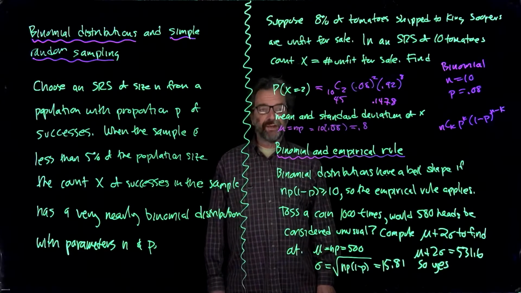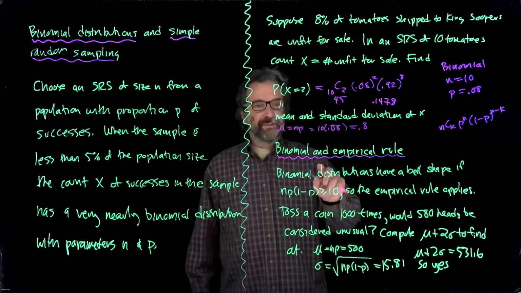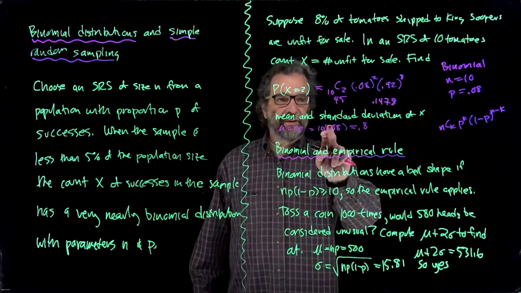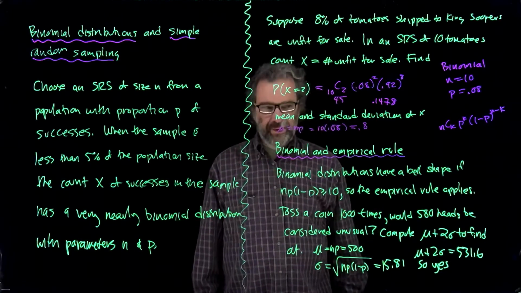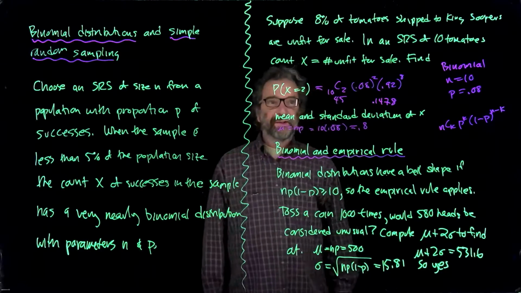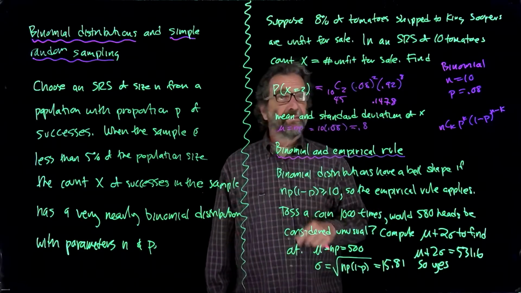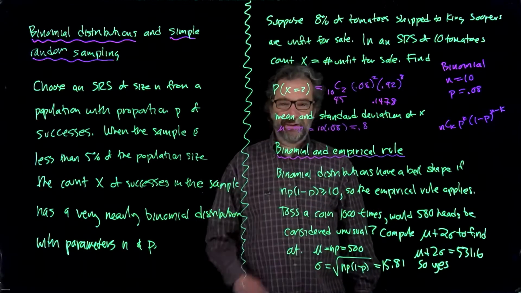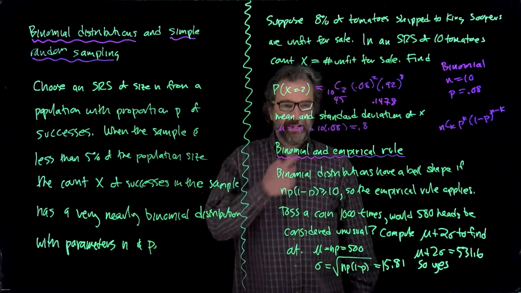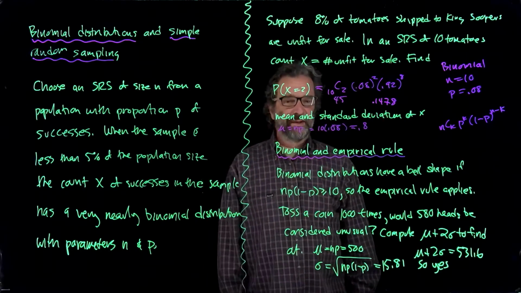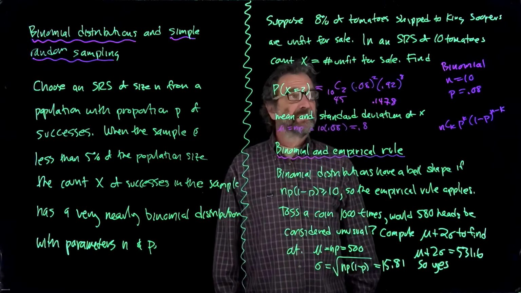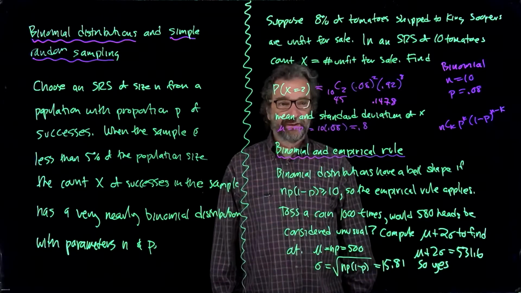The binomial spits out whole numbers. The mean is what happens if you average the values over many repetitions of the experiment. Since 8% of the 10 come out to be unfit, when you average over a long period of time, you just get 8% of 10, which is 0.8, as the average number of unfit tomatoes in 10 over many trials.